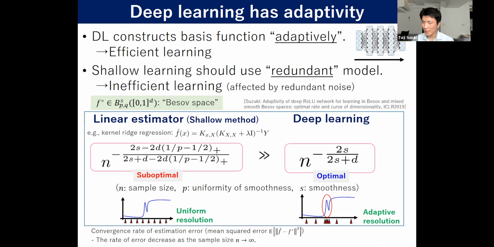The model size can be optimized by using cross-validation, or by looking at the validation data, so you can tune the model size. If you pick the best model size, then you can achieve this learning rate. So you don't need to estimate S itself.